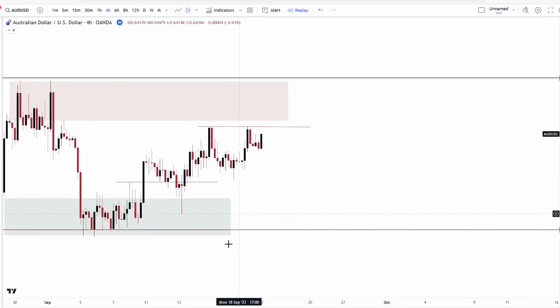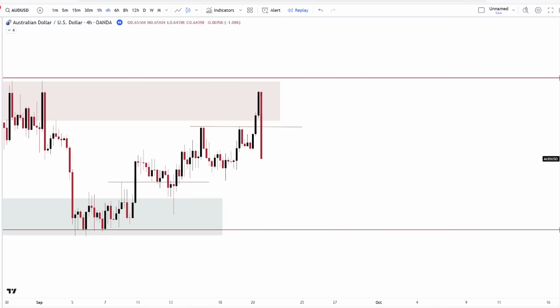Price is still not breaking this level. Let's pay attention. And you had your stop hunt. This was your stop hunt. Now all the buyers are trapped.